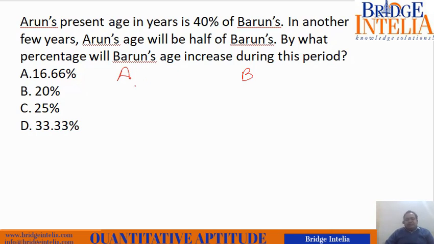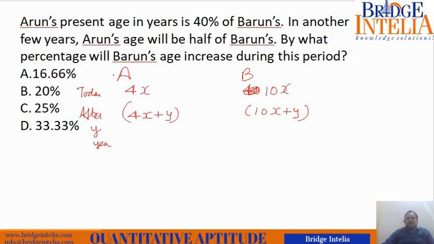So as of today, Arun's age is 40% of Varun's age. So let Varun's age be 10x, so Arun's age is 4x. After, let's suppose, y years, Arun's age will become 4x plus y and Varun's age will become 10x plus y. After few years, Arun's age will be half of Varun's.